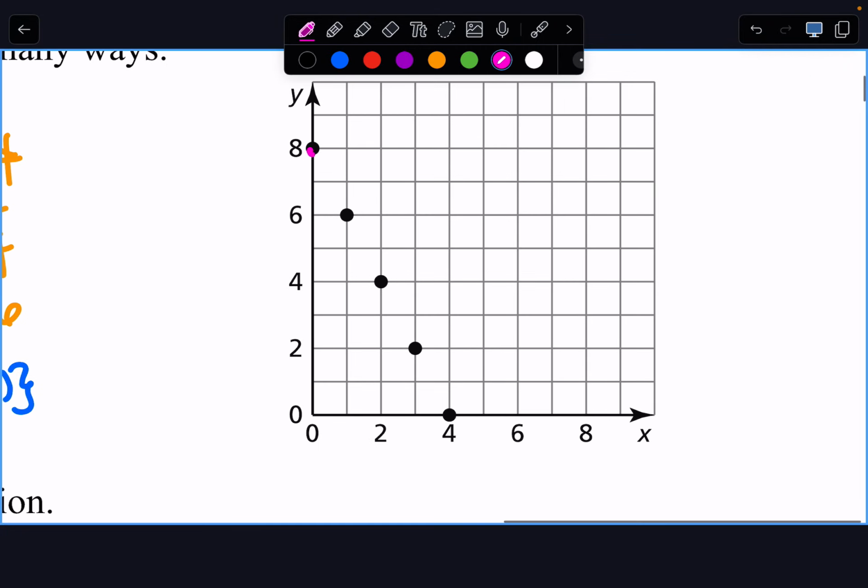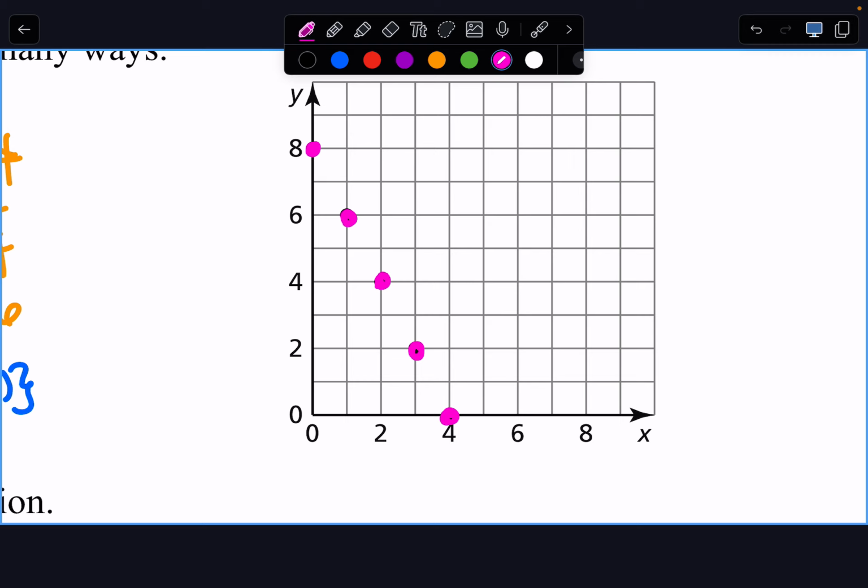We have this coordinate, this coordinate, this coordinate, this coordinate. Does every x coordinate have only one y coordinate? So is there a dot up there with x equals 4 that has a y coordinate besides 0?